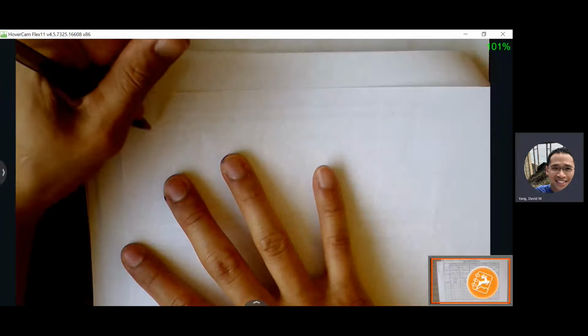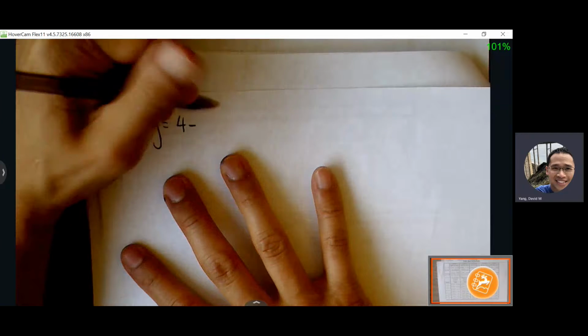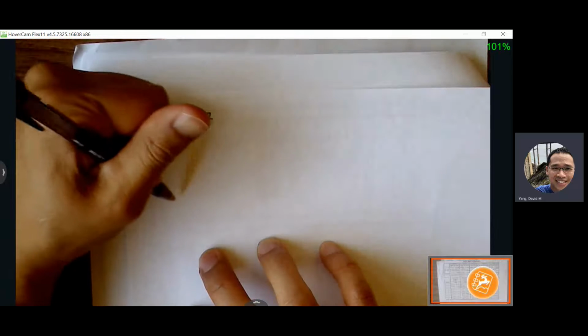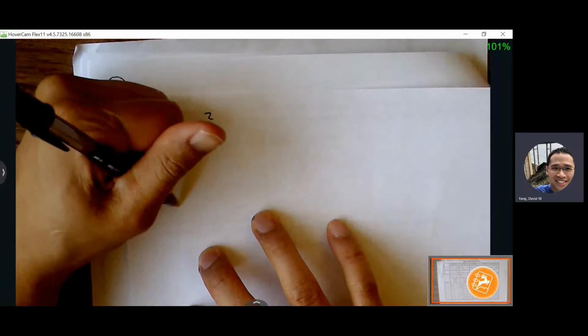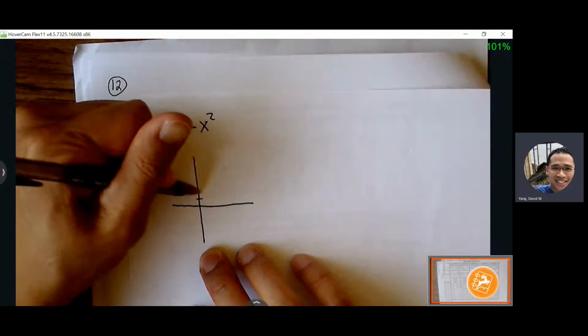Okay, so here's an example. Let's say we had a graph y equals 4 minus x squared. And let's say this graph is only in the first quadrant. Okay, so something like this.